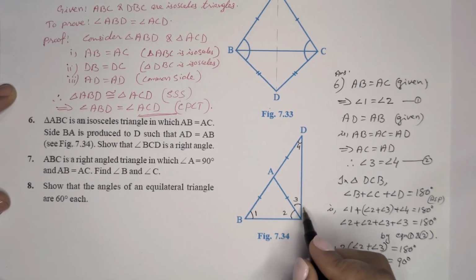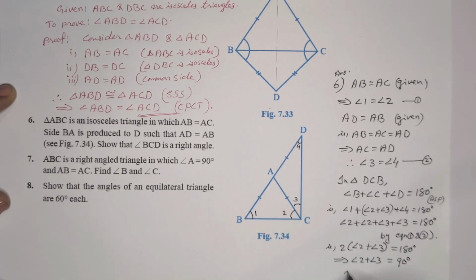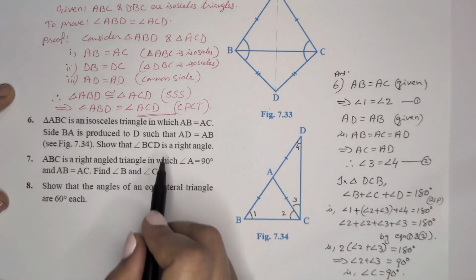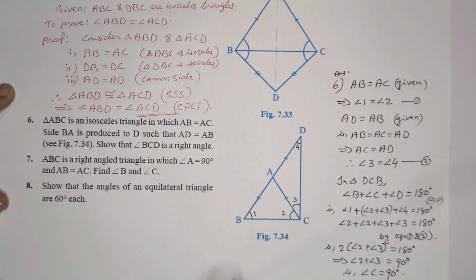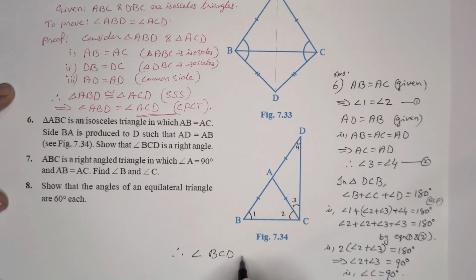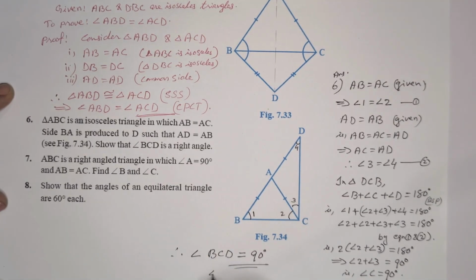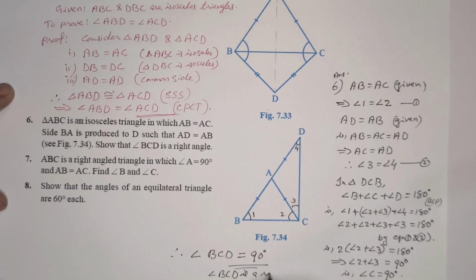Angle 2 plus angle 3 means angle C. That is angle C is equal to 90 degrees. So to prove that, angle BCD is equal to 90 degrees, a right angle.